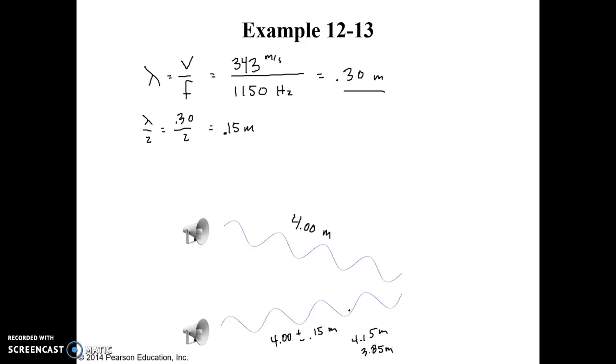Either of those distances would work. That would result in destructive interference, where the crest of one wave is hitting the person at the exact same time that the bottom trough of the other, so the top of this wave and the bottom of this wave are hitting him at exactly the same time, and they're essentially canceling each other out, and the person hears nothing.